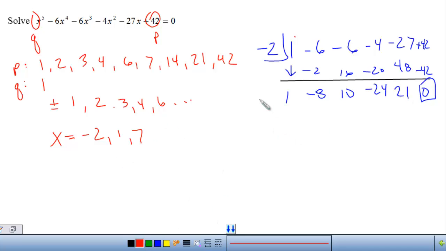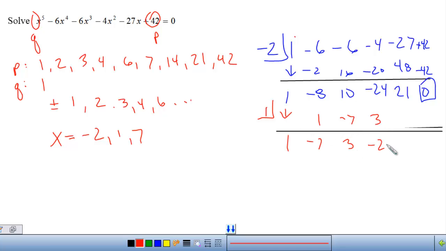So we're going to do the same thing. I'm just going to change colors. I'm going to do it with the 1. And then we'll drop this down again. 1 times 1, negative 8 and 1, times 1, times 1, and again, it factors out. I have another 0. So now I've removed another degree from this.